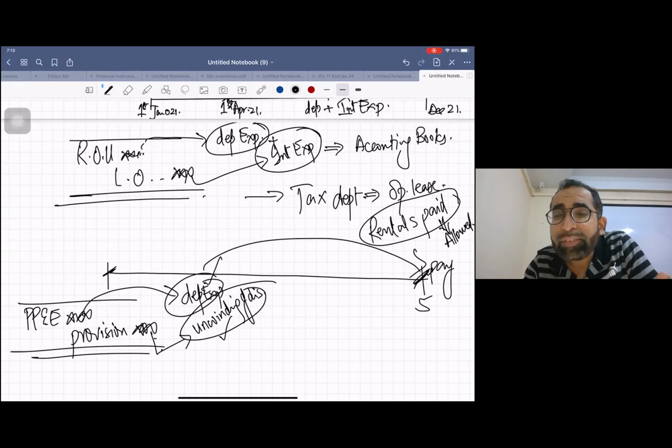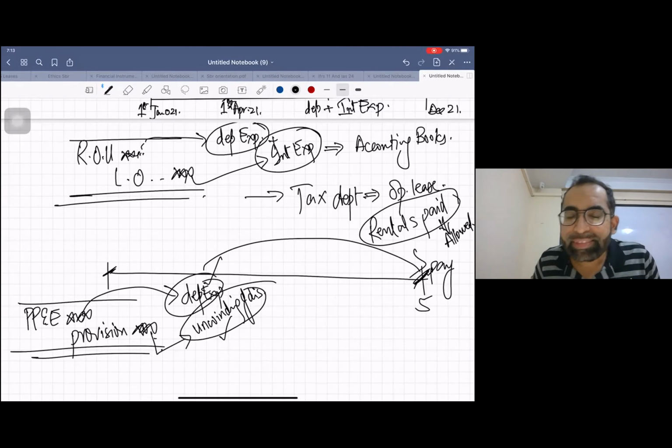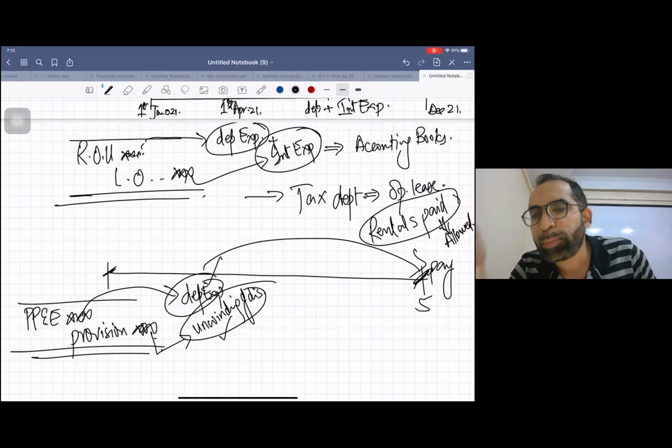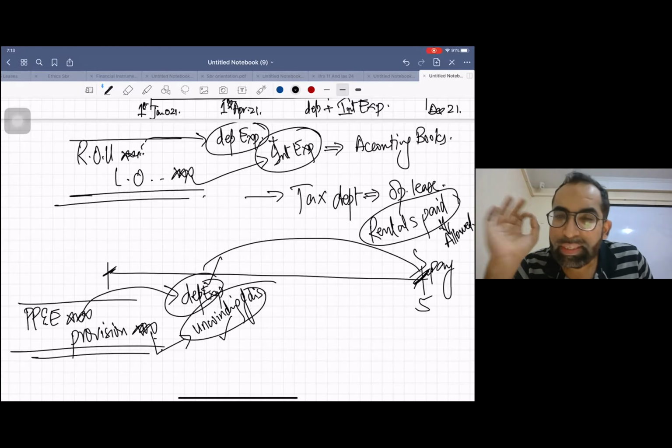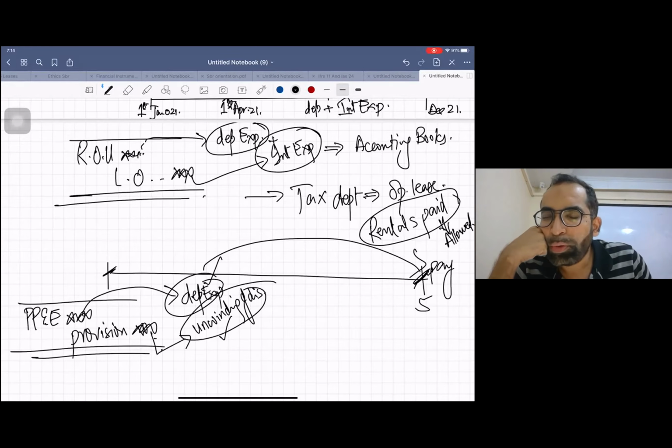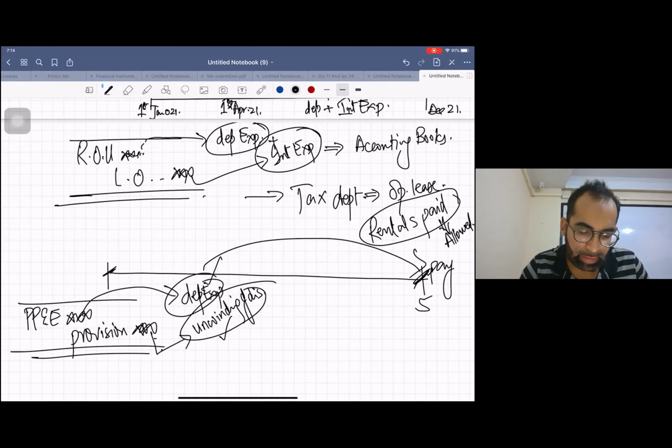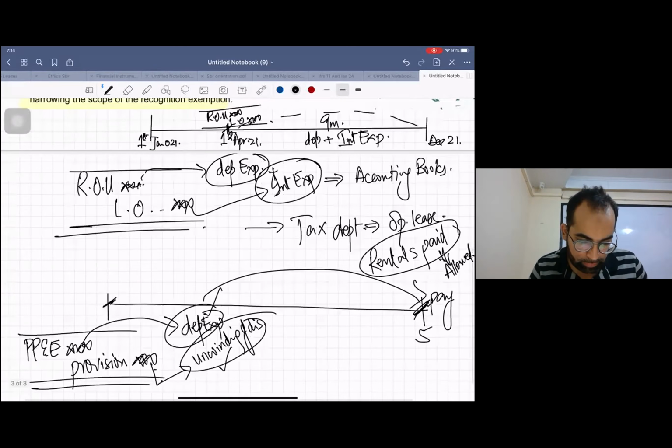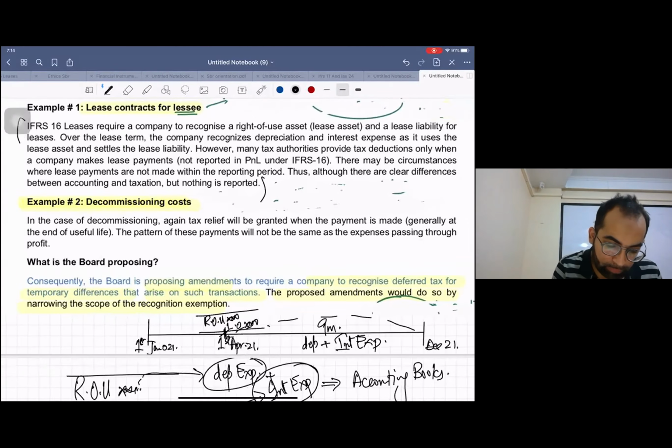So when there is a timing difference, why don't you book deferred tax? This is what the standard board is proposing, students. I hope you got the concept. The board is proposing amendments to require a company to recognize deferred tax for temporary differences that arise on such transactions.